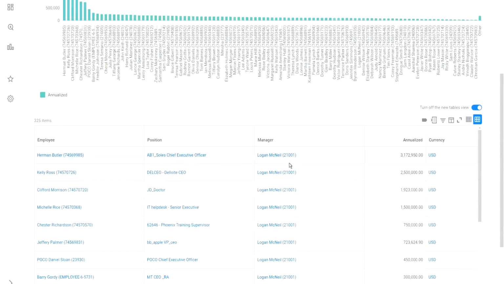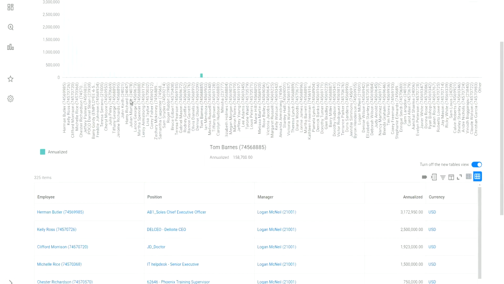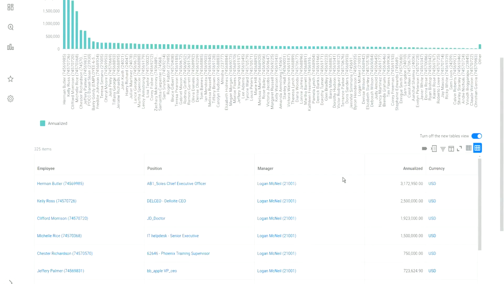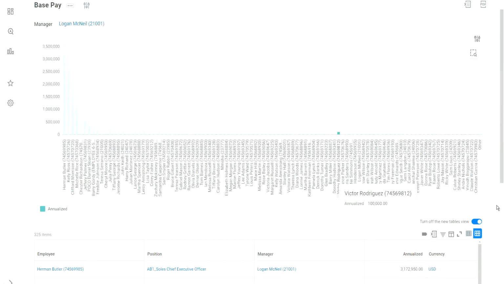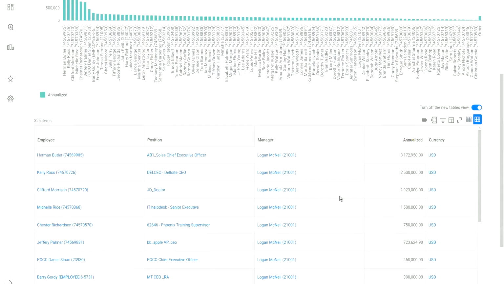And you see that? Okay, Herman Butler and his salary is given. We have Kelly Ross. Their salary is also given. And this chart. Can anyone tell me, is there an order or a sequence in the way this chart is given, or the values are organized?